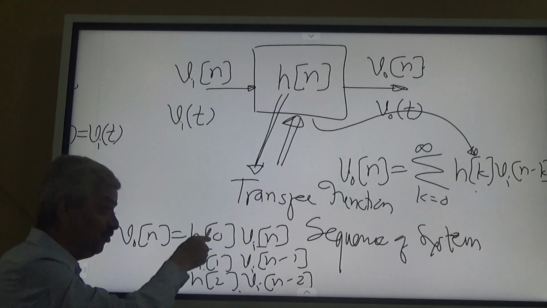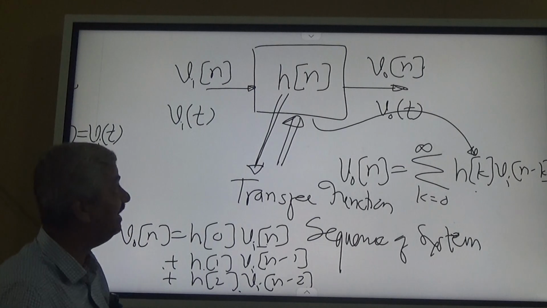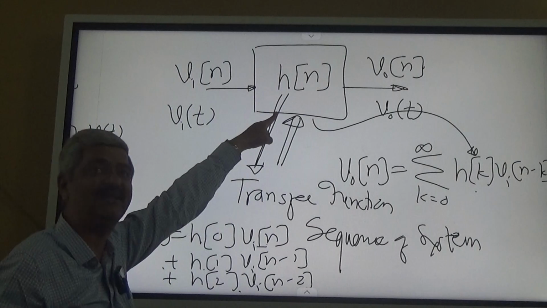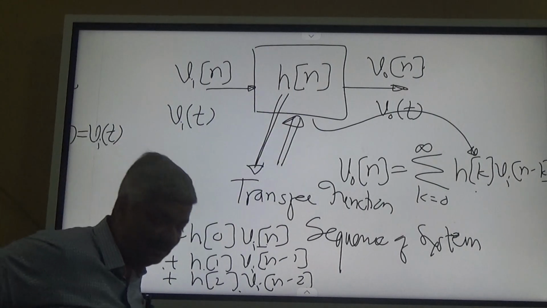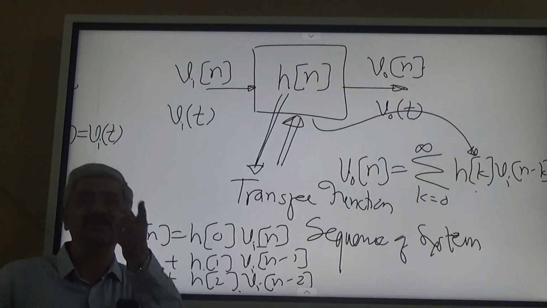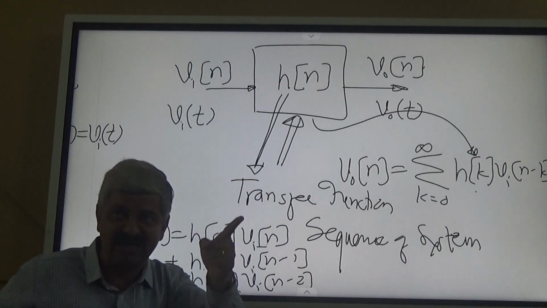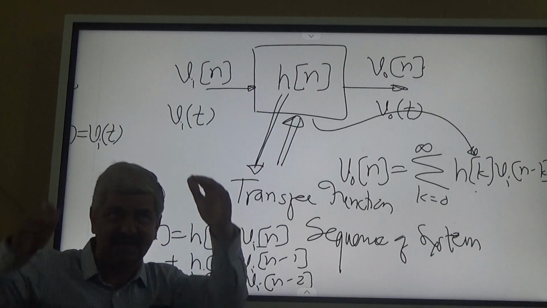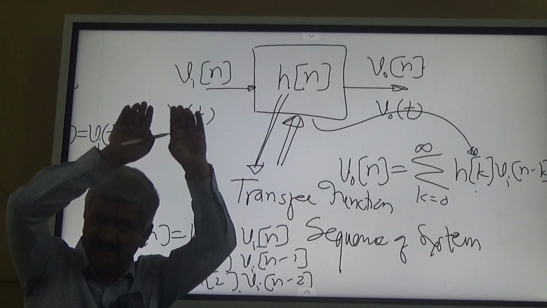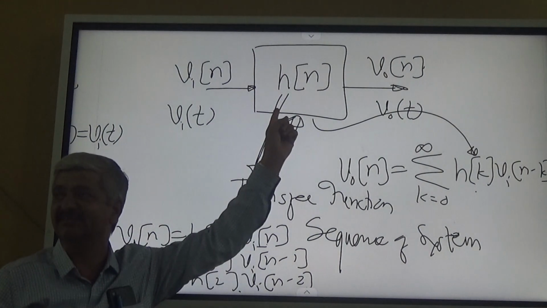So H0, H1, H2, this is a sequence, this is a property. The arrangement of all the components is reflected in Hn. So the output sequence is a convolution of the input sequence and the system sequence. So Hn collectively means the entire arrangement of various components is collectively represented by Hn.